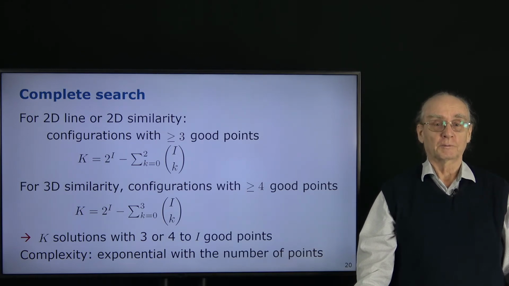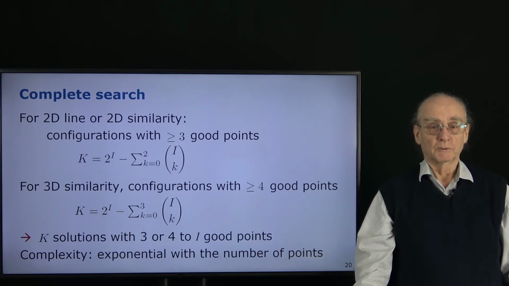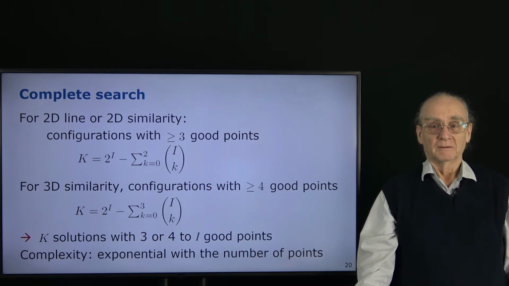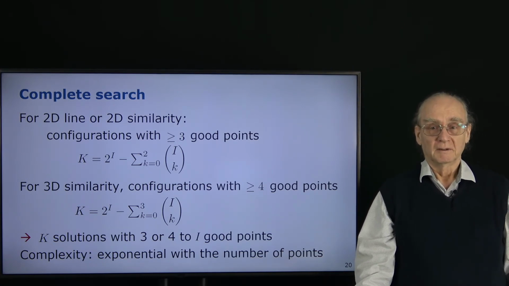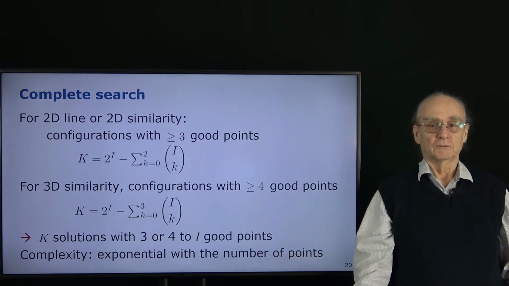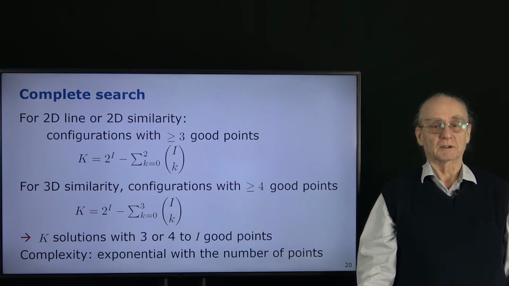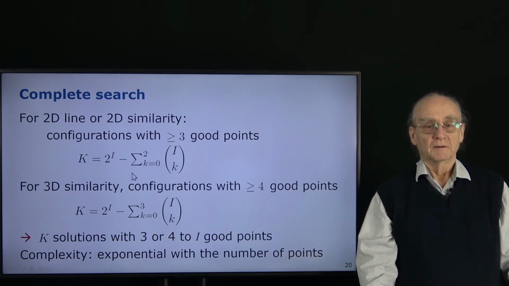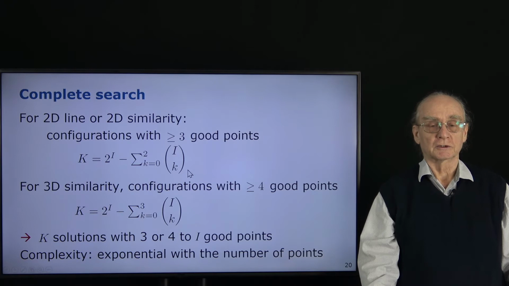Of course, we have 2^I possibilities to have good and bad points, but in the case of a 2D line, we would not start to work with all points bad, and all points except 1 good is also not useful, and with 2 good points only we are not able to actually check from the residuals whether these 2 points are good. So we start with 3 points, and that means we have to exclude from these 2^I the number of cases which we don't actually follow.